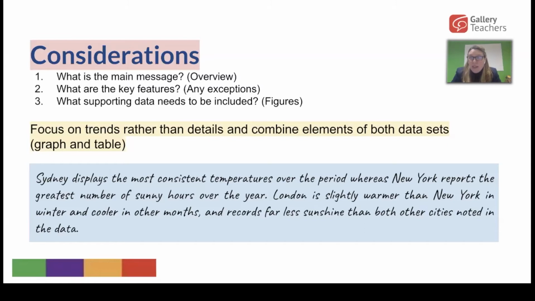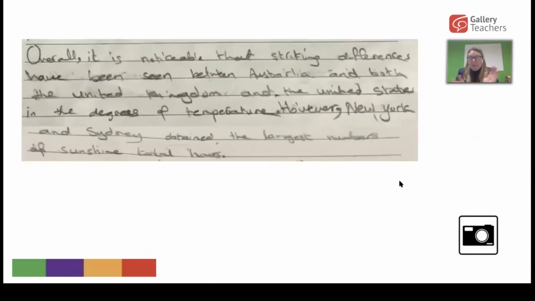So I'm going to read it aloud for you. Sydney displays the most consistent temperatures over the period, whereas New York reports the greatest number of sunny hours over the year. London is slightly warmer than New York in winter and cooler in the other months, and records far less sunshine than both other cities noted in the data. So this is our overview. This is what we could say would be the main message here.